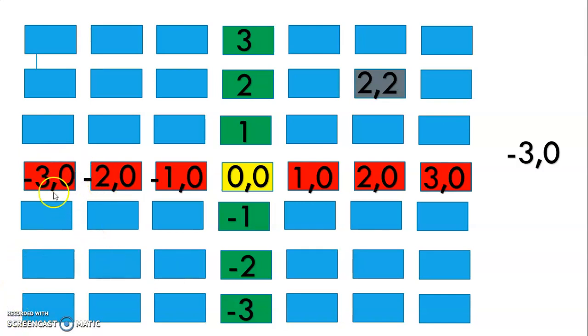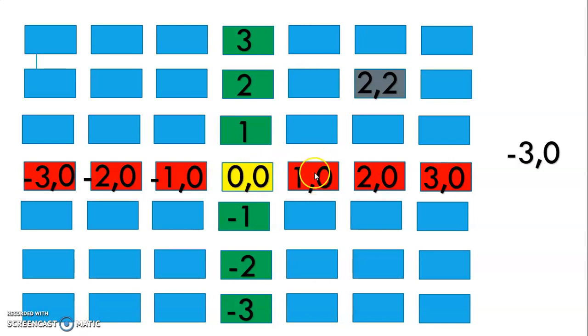So all the houses on the red line will have a house number of the form some number comma 0. Why? Because the first number denotes the distance from the green line, and the second number denotes the distance from the red line. Since all these houses are on the red line itself, their distance from the red line is 0.